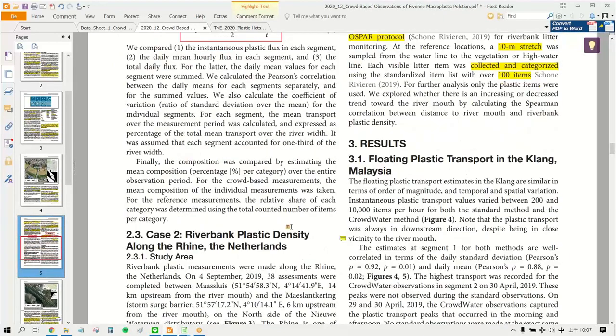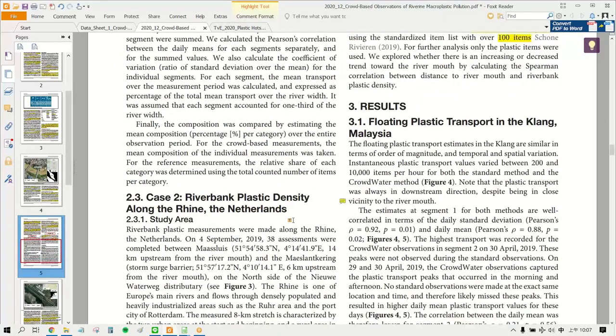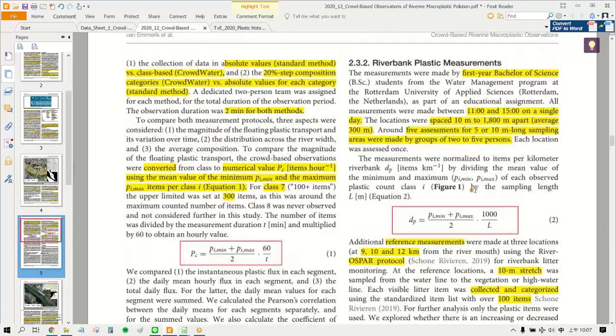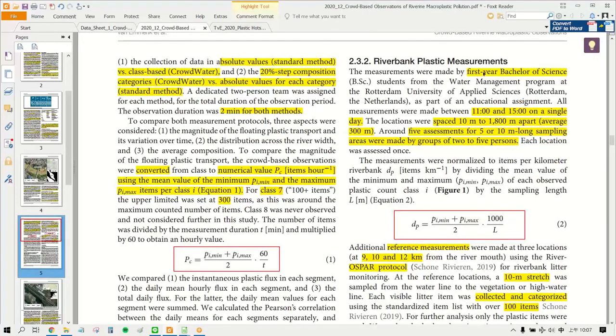In case 2, which is the riverbank, they also show a function here. Here you can see the surveys were done by first year bachelor's science students. The survey time is very short.